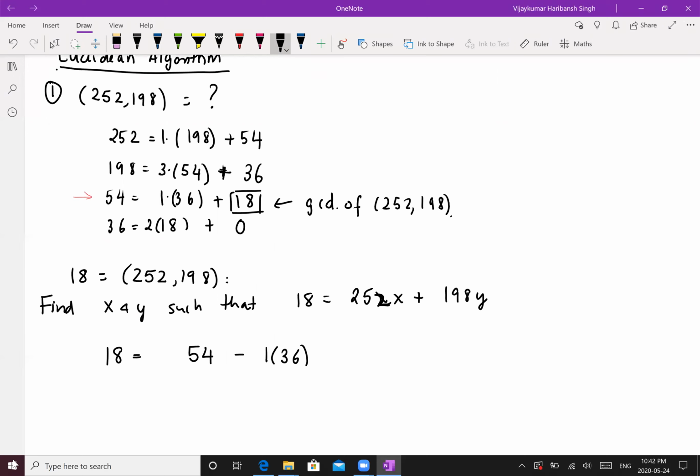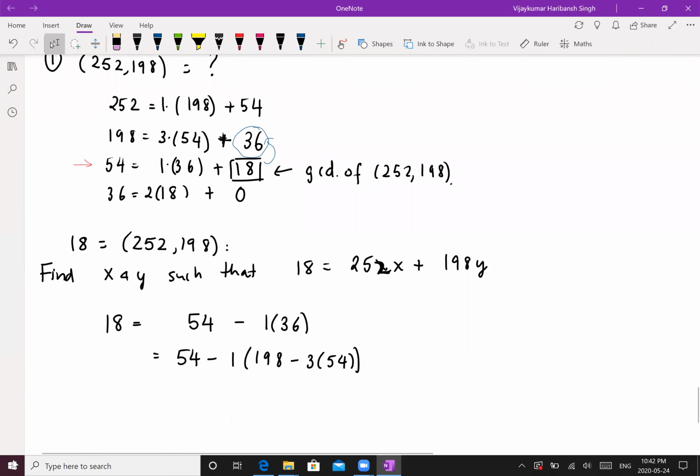Now you have written this, you go one step up, and you'll see what is above 18. You have 36. So now replace 36 in this equation by 198 minus 3 times 54.